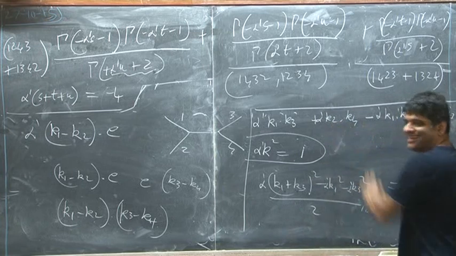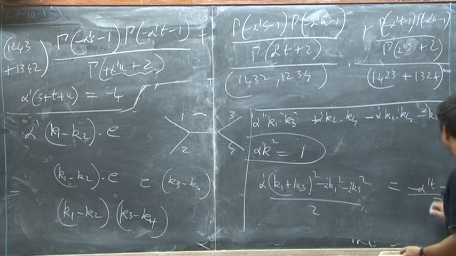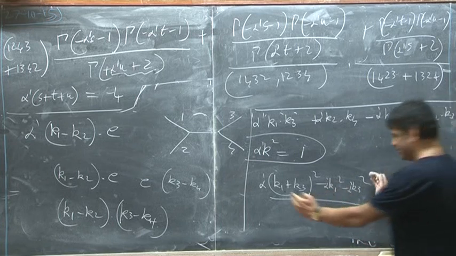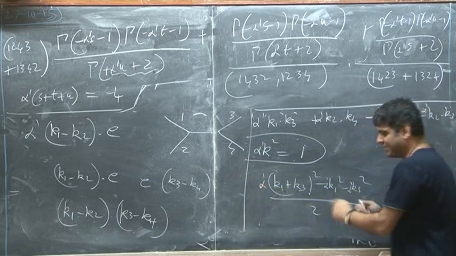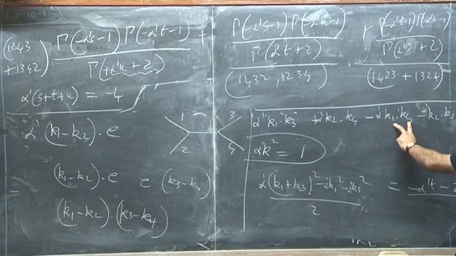What about this guy? It's the same because K2 plus K4 is the same as K1 plus K3. So it's the same. We can remove the factor of 2. Actually, all the K1 squares, K2 squares cancel. But let's not think of it that way. Each of these is whatever it is. K1 squared is minus 2. Okay, what about here?